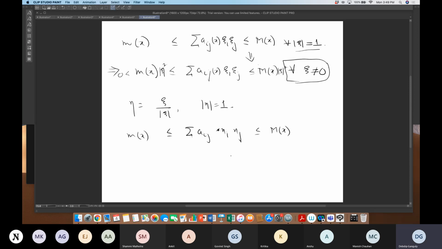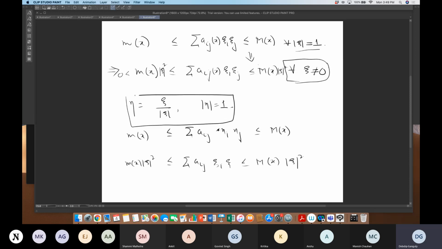Clear? Now you write down η_j. This is the sum a_ij ξ_i ξ_j, m(x) into |ξ| squared, because η_i is ξ_i over |ξ|. Clear? Just scaling with |ξ|. Use this factor, and then I got this inequality.